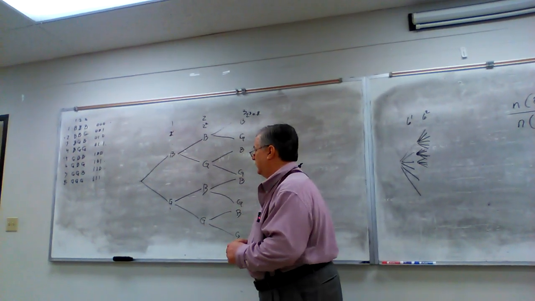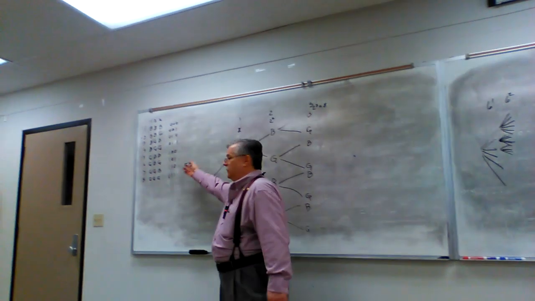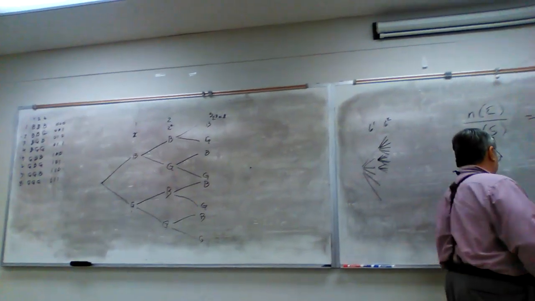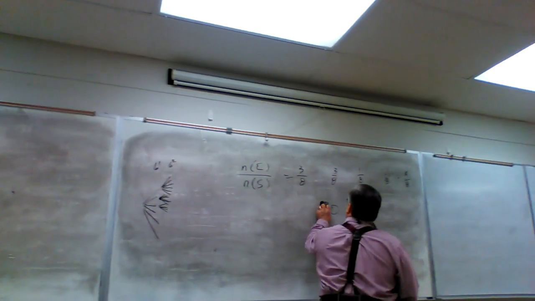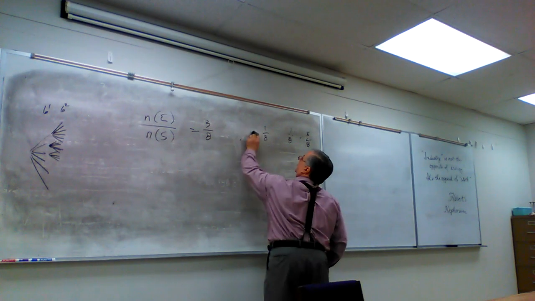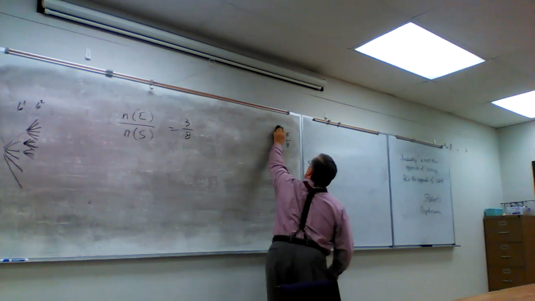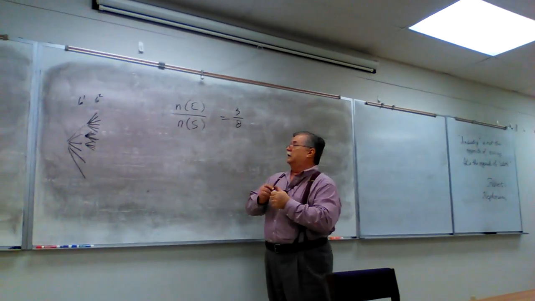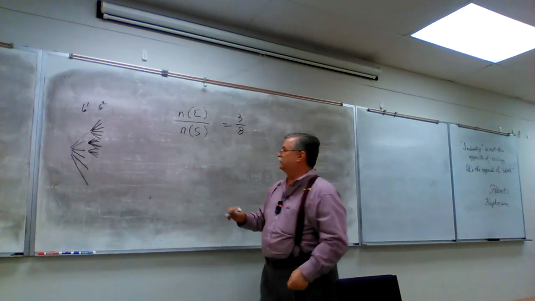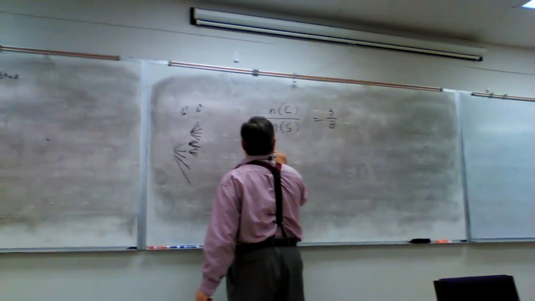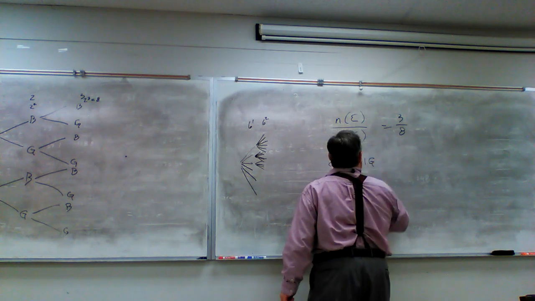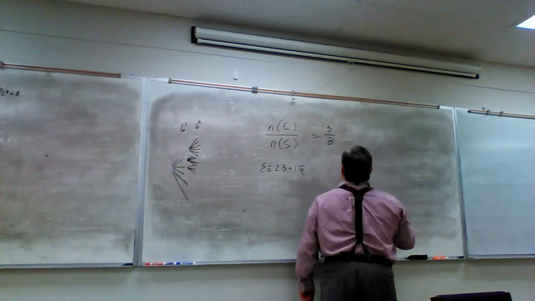So, in this case, we looked at the outcome: what is the probability of having 2 boys and 1 girl? And we found that the probability of E, where E is 2 boys and 1 girl, was 3 out of 8.